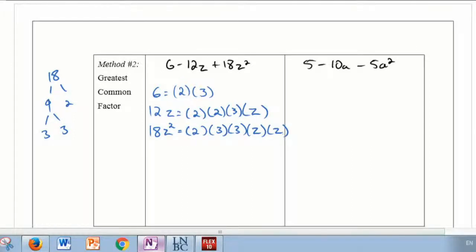Now I need to ask myself, what is common? What is the greatest common factor of these things? So I see that there's a 2 here. This one has a 2, this one has a 2. So they all have at least one 2. What else do they all have? Well, this one has a 3, this one has a 3, this one has a 3.